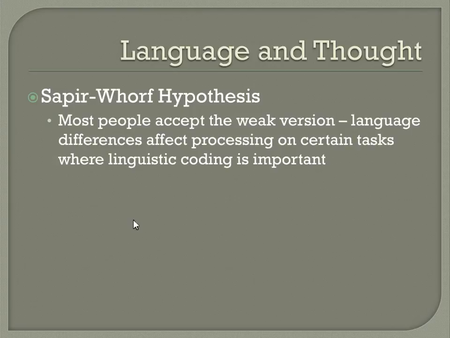And most people accept sort of a weak version of this theory, that language differences affect processing because they're so intertwined together, where linguistic coding is important, but that language itself is not the only determinant of thought. And so this is just the idea that the way things are worded can affect memory, but that is not the only reason that memory is the way it is. It's kind of the idea.